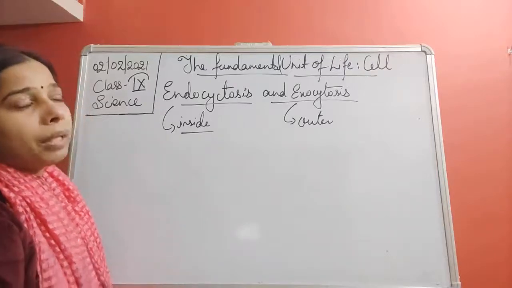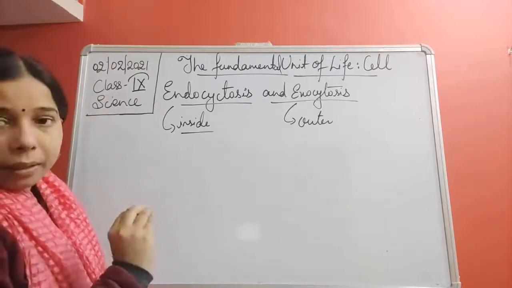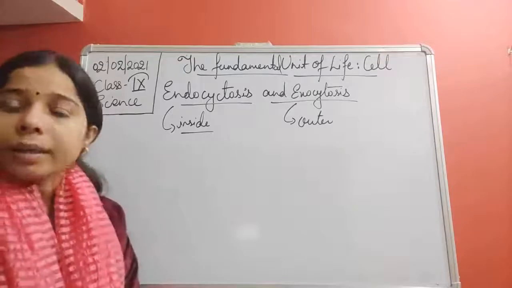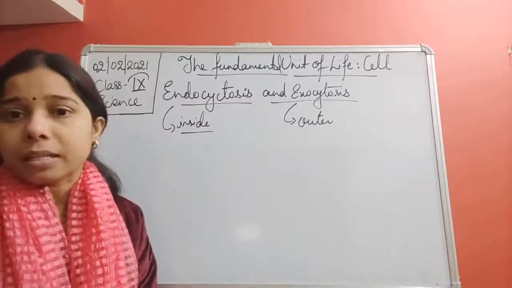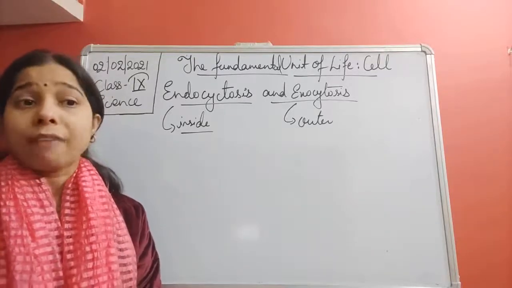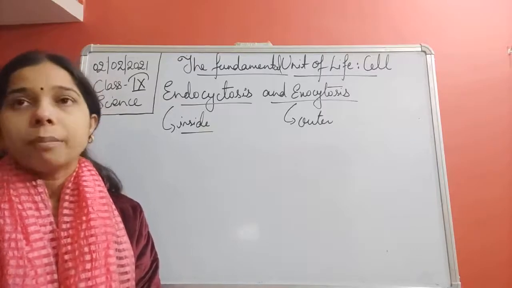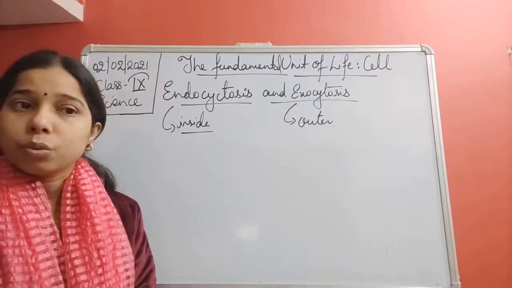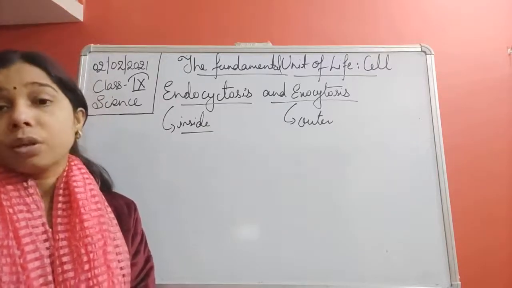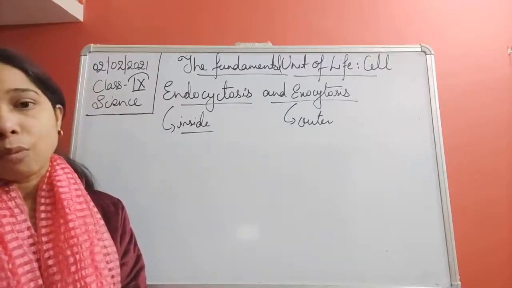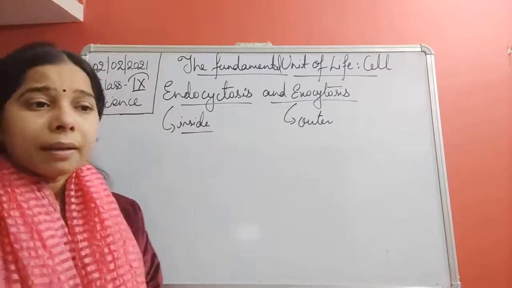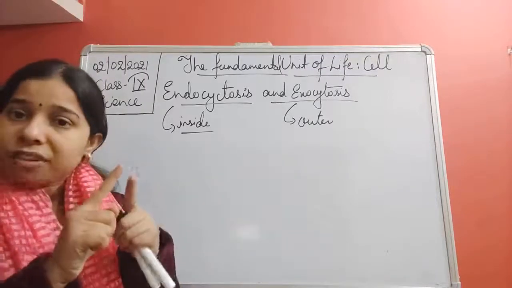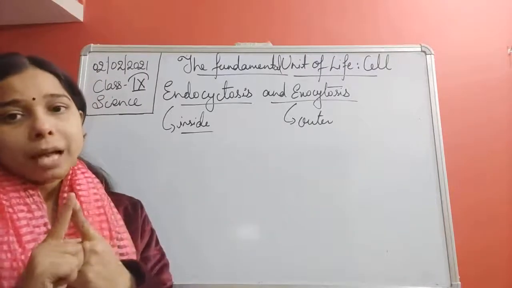Basically what happens here, students, is that any particle can be a liquid or a solid particle. When it has to enter the cell membrane, first of all it comes to the outer layer of the cell membrane, and there is a formation of a depression in the plasma membrane.